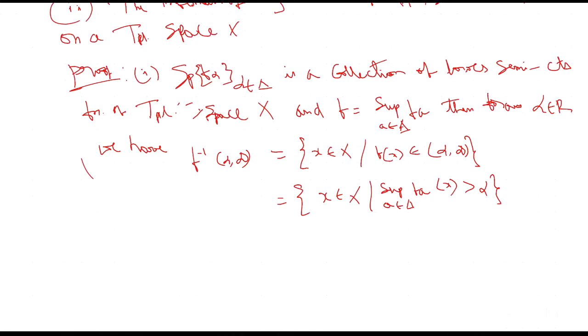That is equal to the union over alpha belonging to delta of the set of x belonging to X such that f alpha of x is greater than alpha.